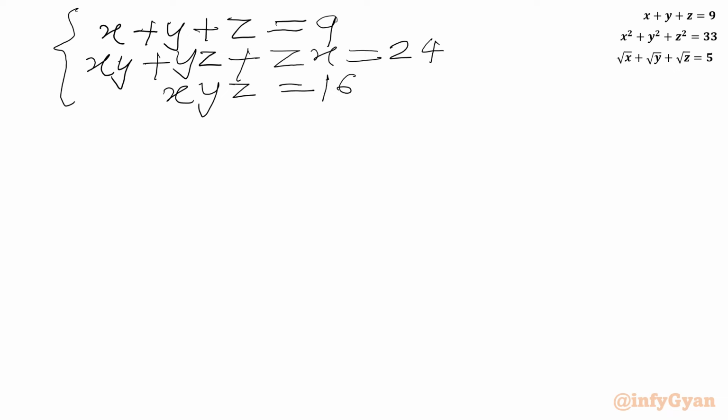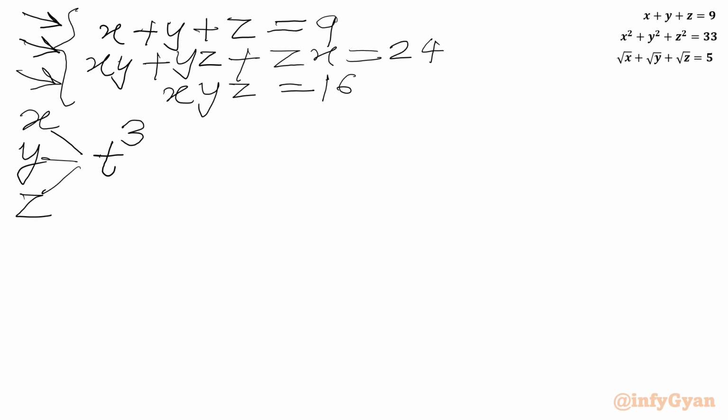Now we can think about one cubic equation in t whose roots are x, y and z. Then first equation here, this is sum of roots equation. Sum of roots taken 2 at a time, product of roots equation.